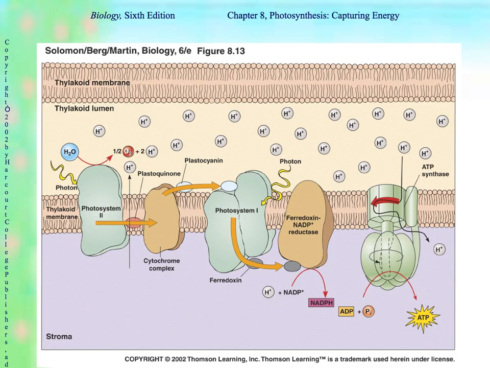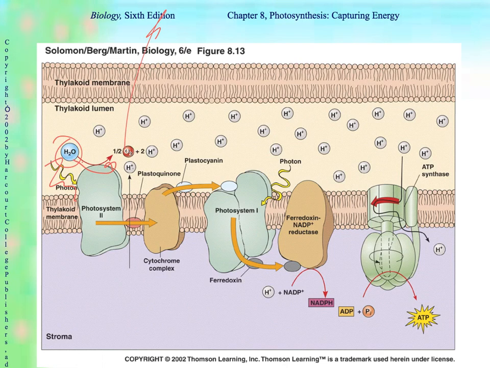Okay, so here is our photon that hit photosystem 2. That creates water that splits from the photolysis. We get our oxygen that's going to be released out of the cell. And then we have protons, which we'll talk about later.